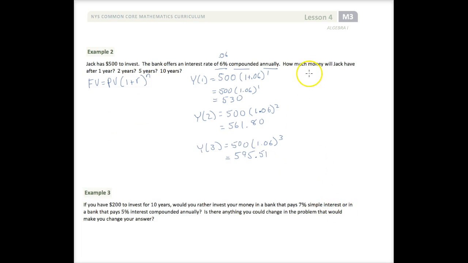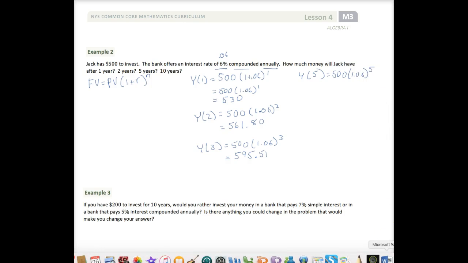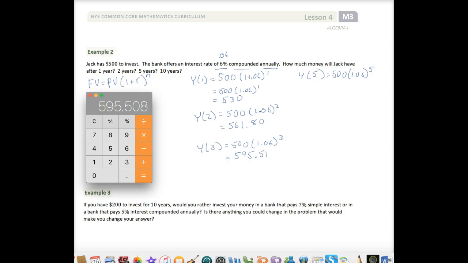All right. So actually what we really want is year 5. So we're going to go year 5. And we're going to go 500 and 1.06 to the 5th. That's going to be a bigger calculation.